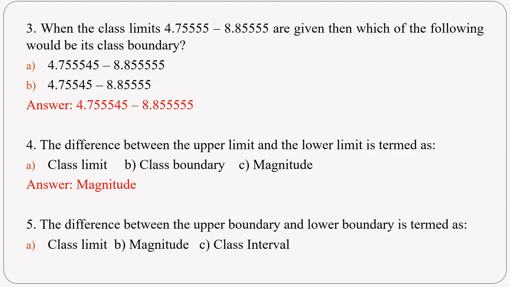Now, question number 5. The difference between the upper boundary and lower boundary is termed as A, class limit, B, magnitude, C, class interval. What is the correct answer? Yes, the answer is class interval.